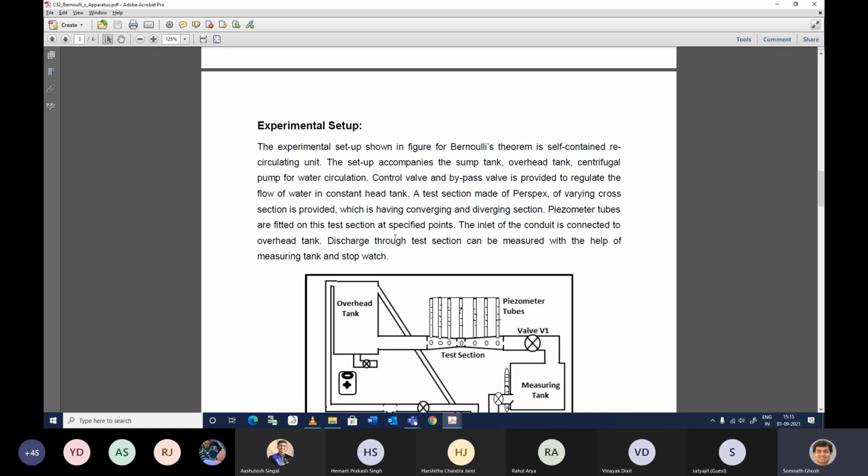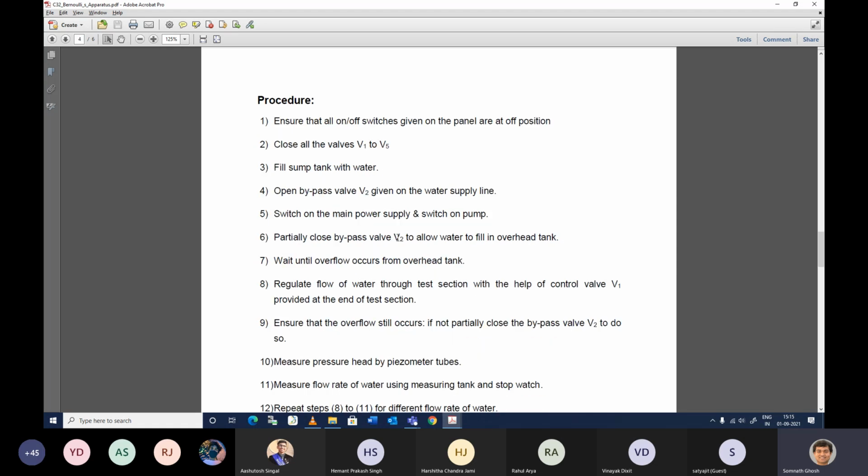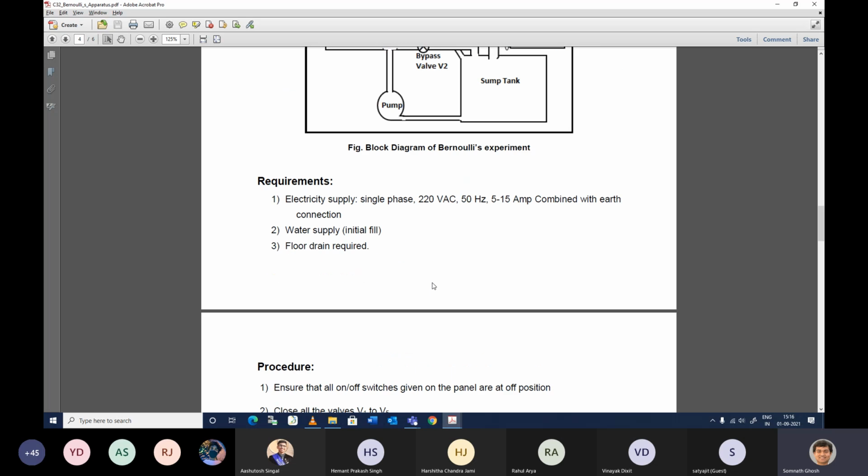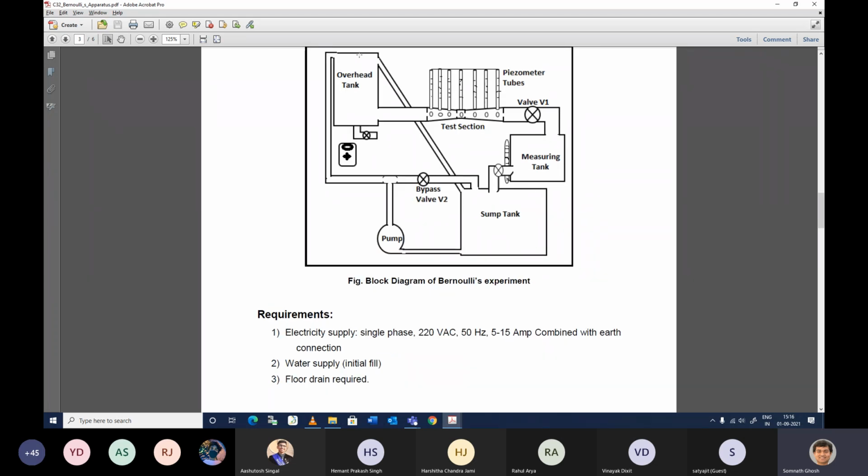So in the experimental procedure, it is mentioned, ensure that the overflow still occurs. Point number 9. If not, partially close the bypass valve. So there will be overflow of this.